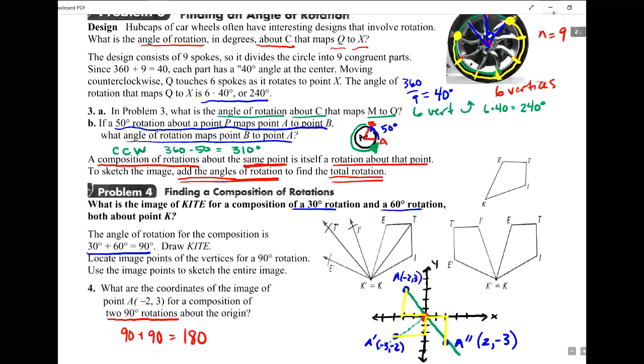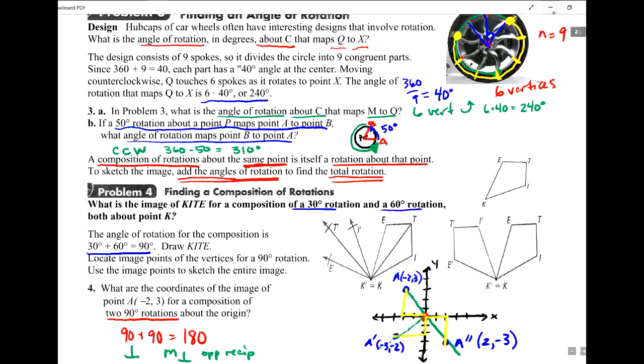So there's many ways to do this. We could use our protractor and our compass, but on a coordinate plane, we know that 90 degrees is going to be perpendicular. So we would find our slope and find the perpendicular slope, which we remember is the opposite reciprocal, right? And we could draw in our new slope, or we know 180 degrees is just down the other line, or we can just move it around.